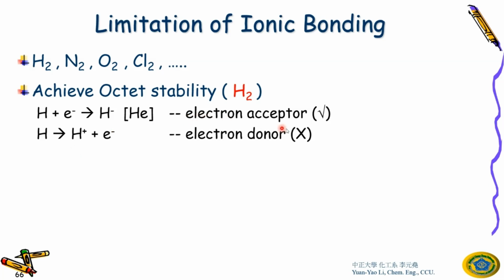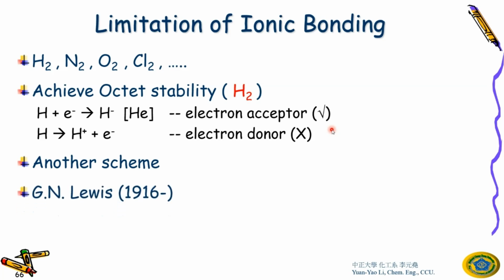This is wrong. So the problem is that if you use ionic bonding theory to explain nitrogen gas, oxygen gas, chlorine gas, it doesn't make sense. So another scheme was proposed by G.N. Lewis.